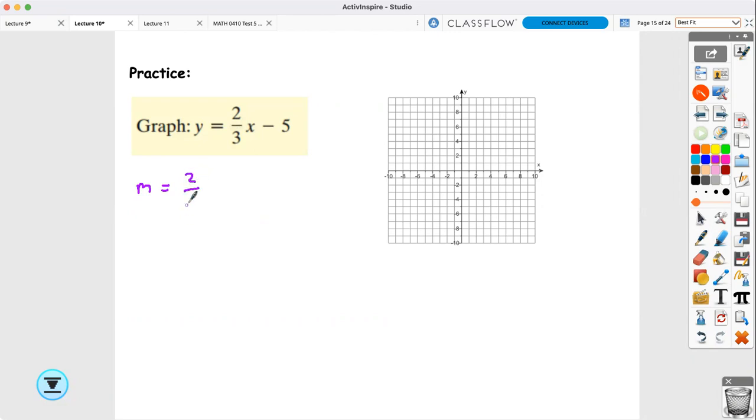Excellent. Now, what does that say about the slope? What do we rise? What do we run? We would rise 2 and run 3. Good. Rise 2 and run 3, which means it's going to be up and right. Now for the B, what do I get for the y-intercept, or B?